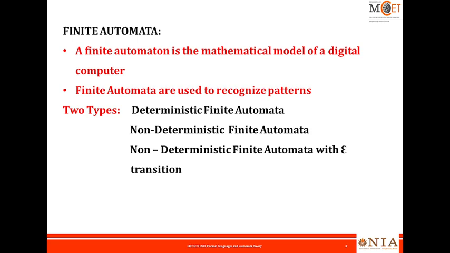But in the deterministic finite automata, only a single transition is possible for a single input from one state to another state. Last one is non-deterministic finite automata with epsilon transition. In this, we are using the null string also as an input symbol.